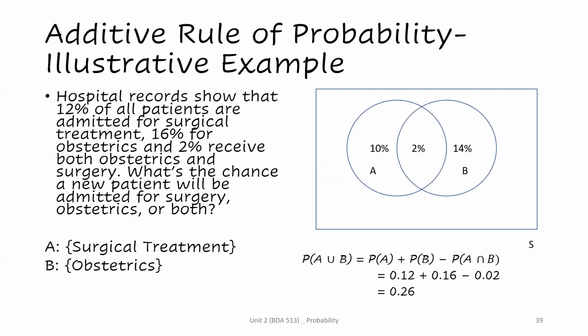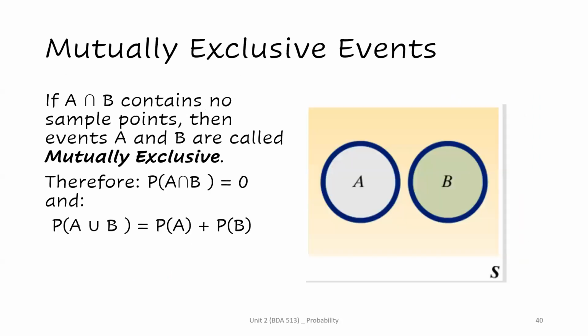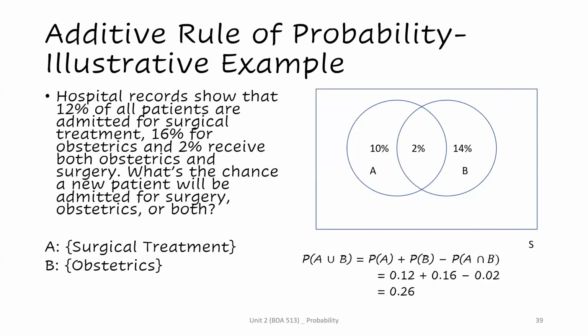Okay, so let me give you something to work on. Let's say surgical treatment is A. Those who are admitted for surgical treatment is 23%.